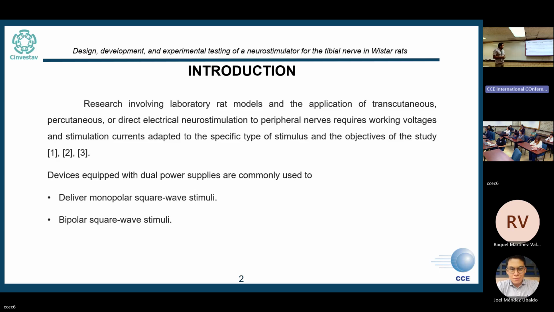This work is centered on a neurostimulation device. Some devices need to use different waveforms to apply different types of stimulus. Some could deliver a monopolar square wave or bipolar square wave or any other type of waveform.